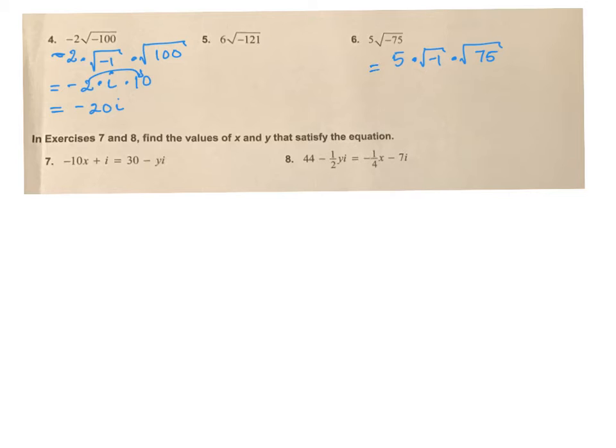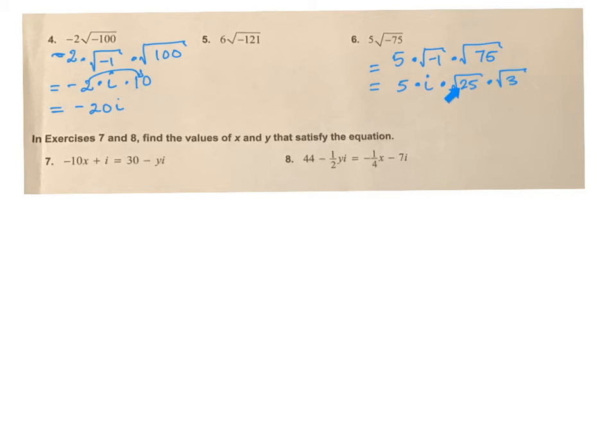In example number 6, I have 5 times the square root of -1 times the square root of 75. And that is 5 times, the square root of -1 is i, times the square root of 75, and it can be broken into the square root of 25 times the square root of 3, because 3 times 25 is 75.